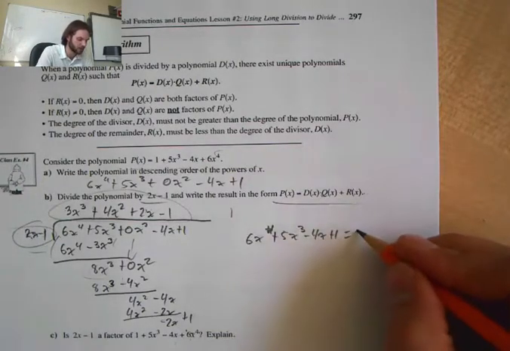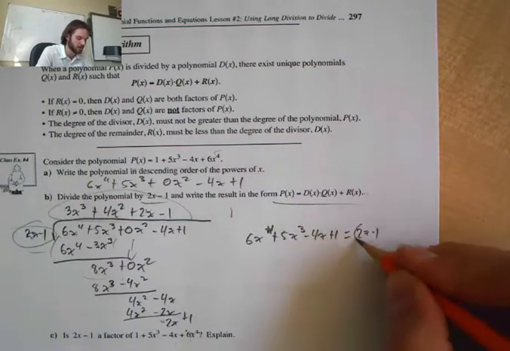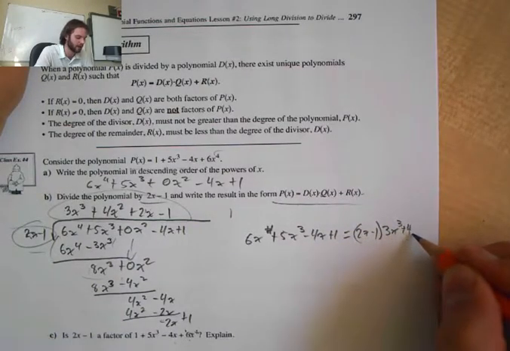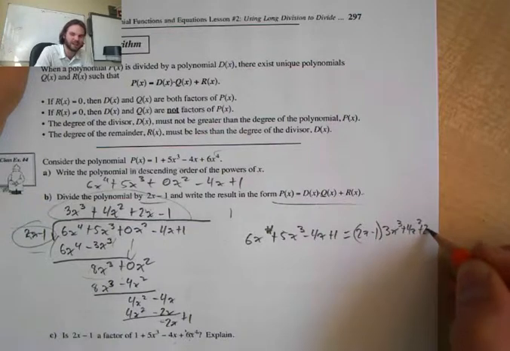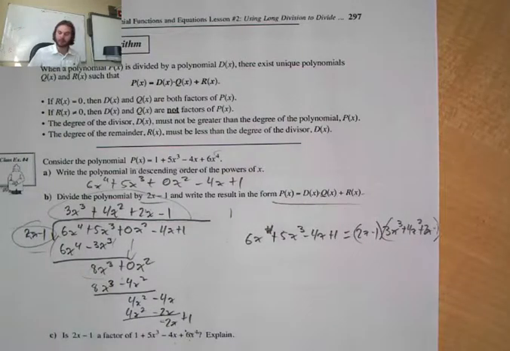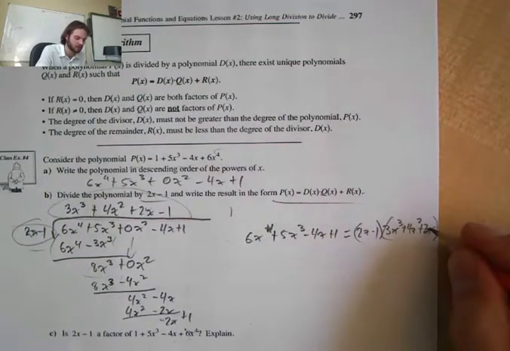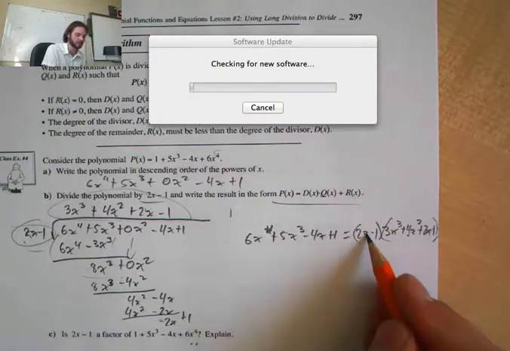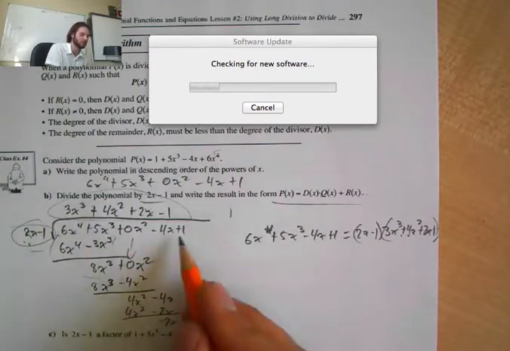So we have 2x minus 1 multiplied by 3x cubed plus 4x squared plus 2x, and we want to subtract 1. Okay, I kind of ran out of room there. And that's essentially all we want to do. It's just this multiplied by this, right there. That and that multiplied together will give us what's in the original.